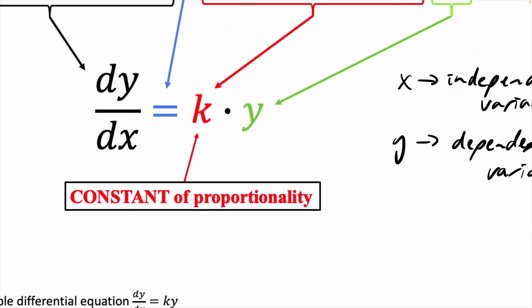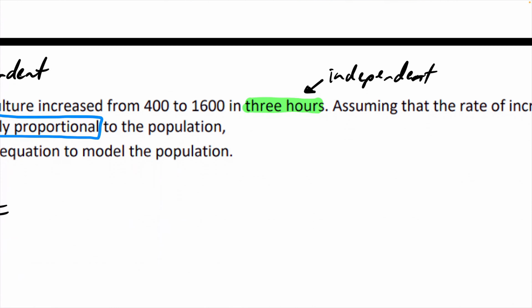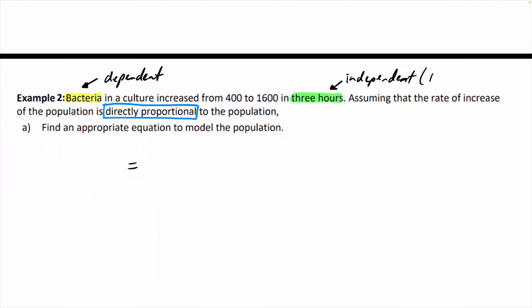Y was the dependent. What was y? Bacteria, right? So I'm going to use a capital B. So instead of x and y, I'm going to use B for bacteria and T for time.